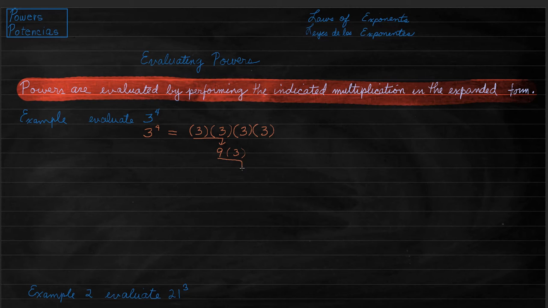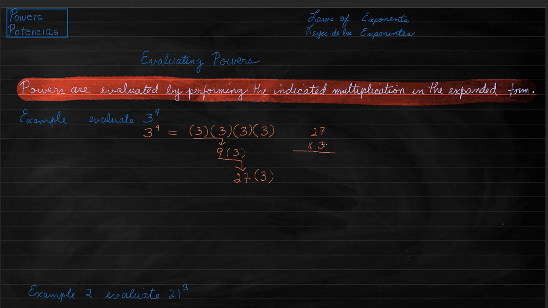Now 9 times 3 is 27. And now we just have one more 3 to multiply. So we take 27 and multiply it now times 3. We can do the multiplication here on the side. 27 times 3.